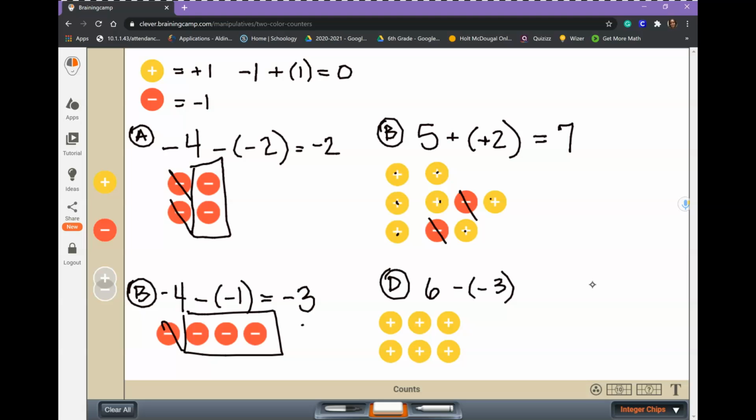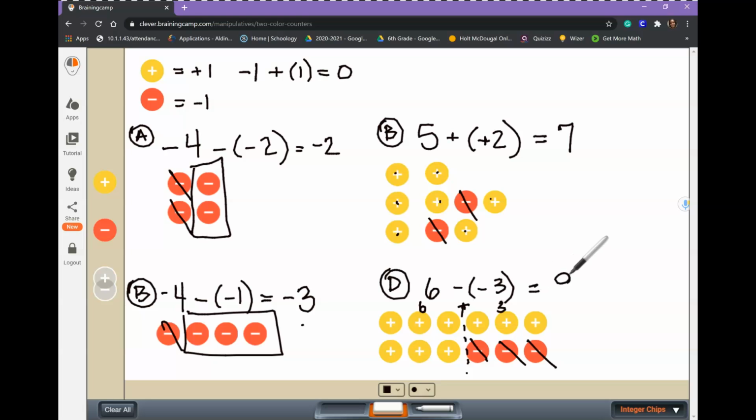But because I don't have any negatives, I'm going to make 3 0 pairs. So I'm going to remove my 3 negatives. 1, 2, 3. Now I'm left with 6 positives plus 3. So 6 plus 3 is 9.